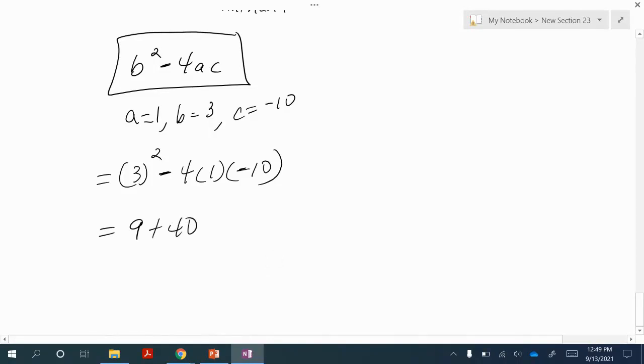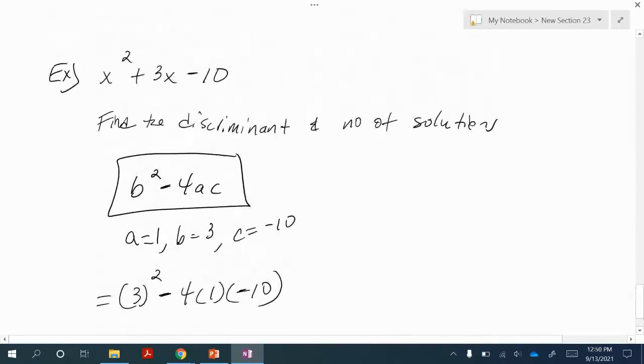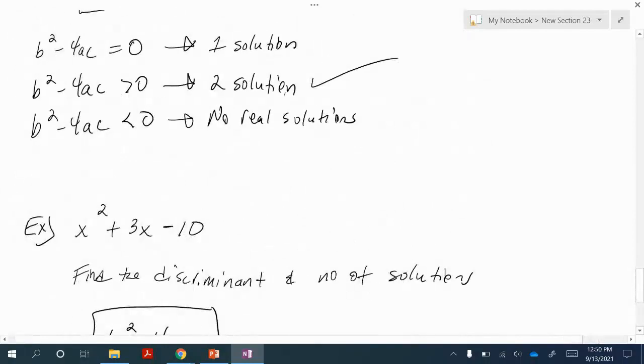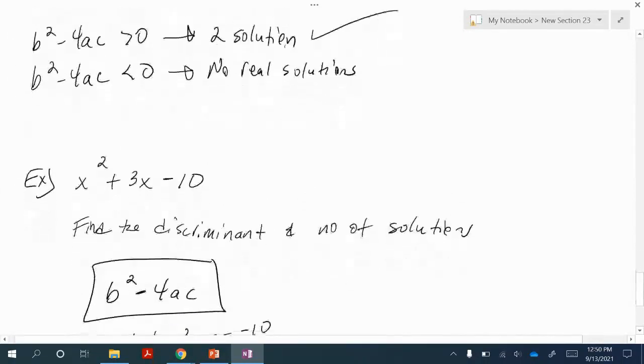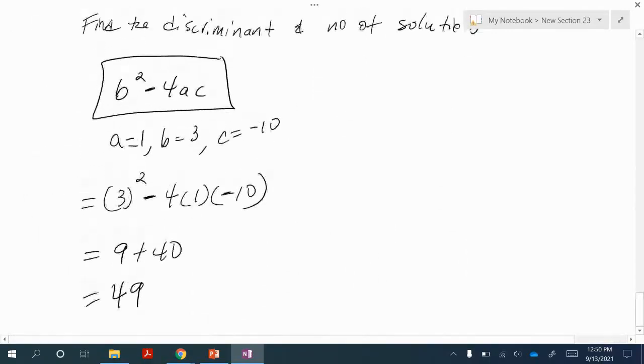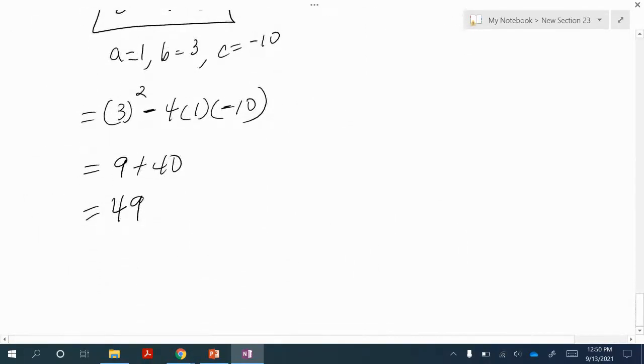Right, because a negative times a negative is a positive. 4 times 1 times 10 is 40. So we have a discriminant value of positive 49. Since our discriminant is positive, then it's going to have two real solutions. So the discriminant is 49, and the number of solutions is 2.